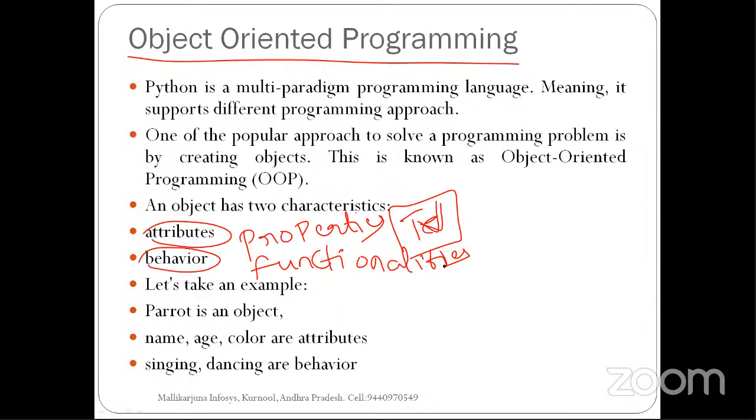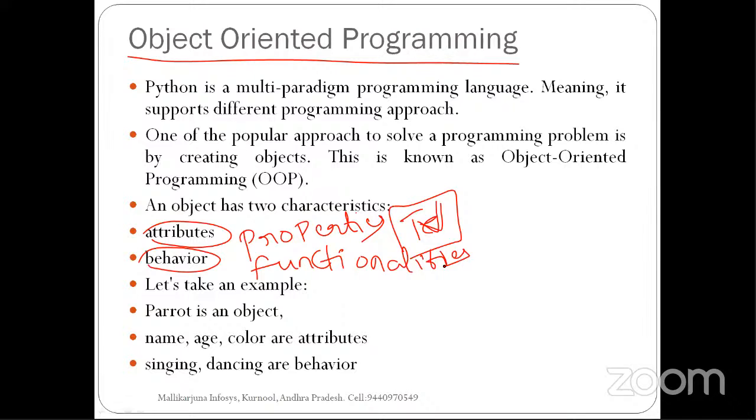For example, we said that television is one object. The properties of television are the picture tube, the screen, the internal board, and controlling buttons. These are volume increase and decrease buttons, channel change buttons; like that we can find different buttons.